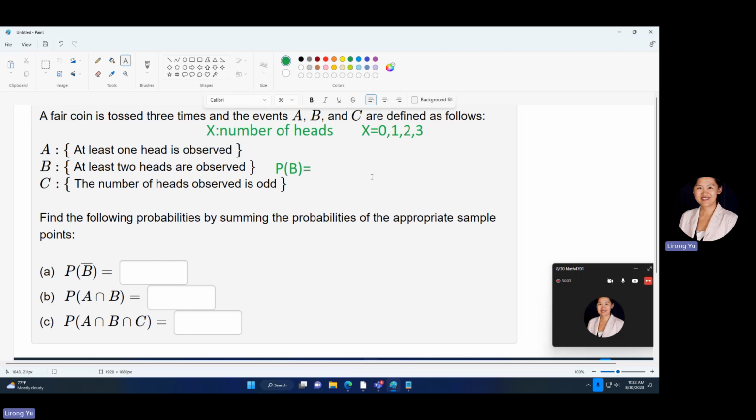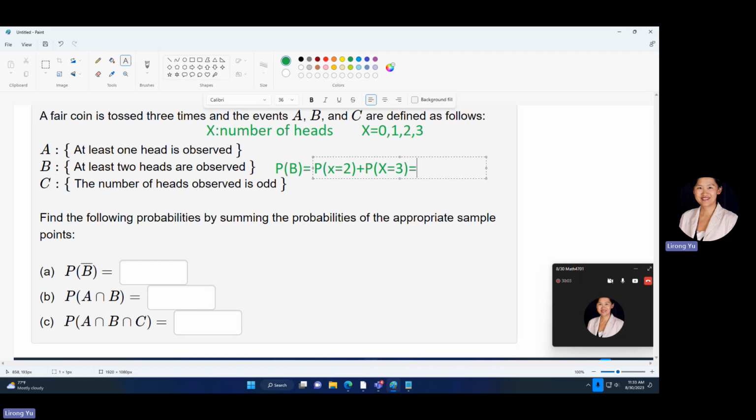So at least 2 heads means 2 or 3. Then the probability of B will be the probability of X equal to 2 plus the probability that X equal to 3. So let's calculate it one by one.